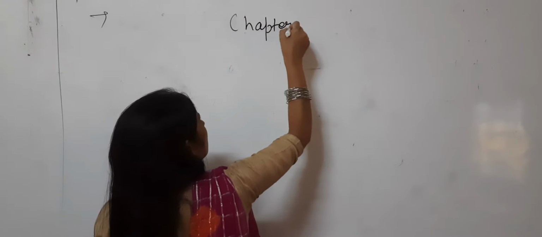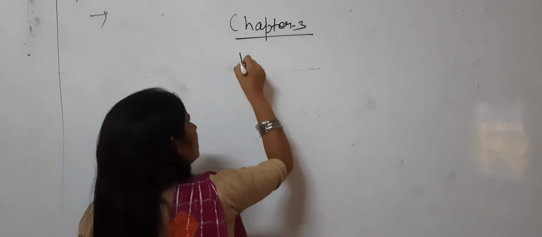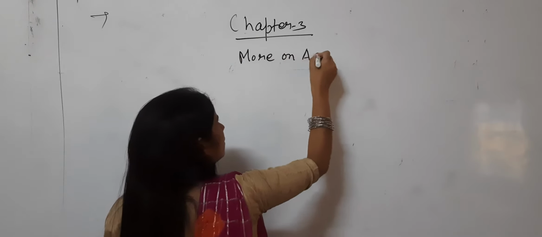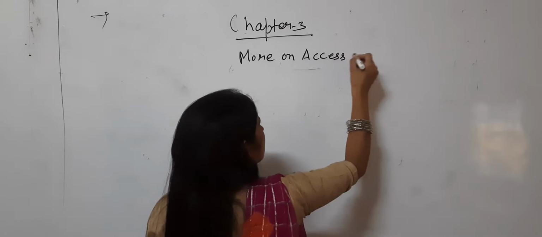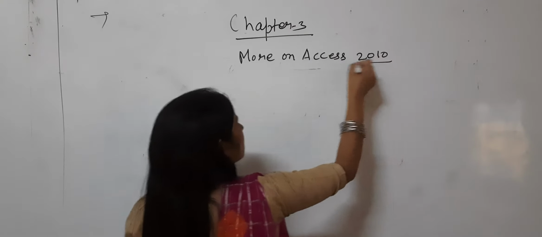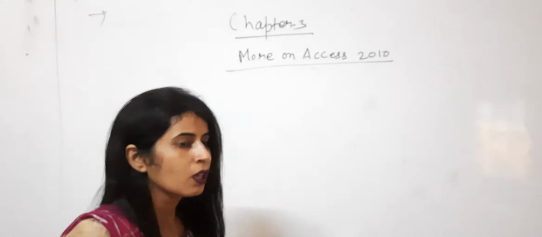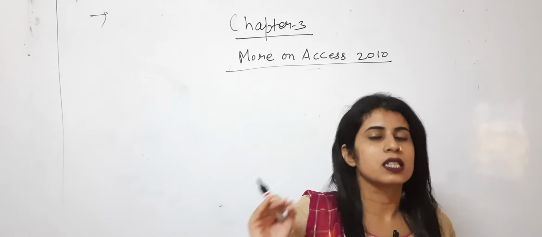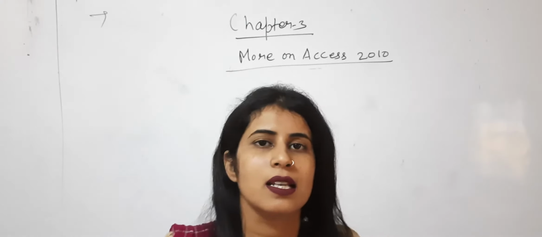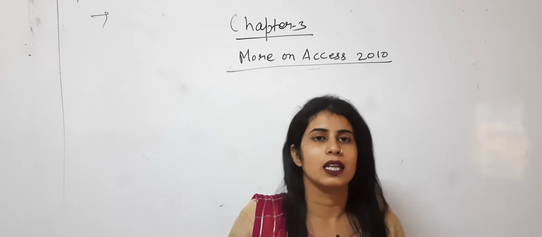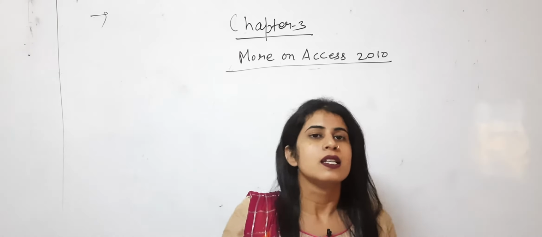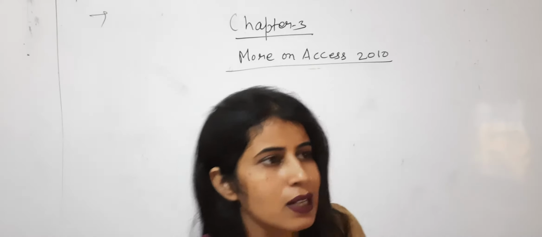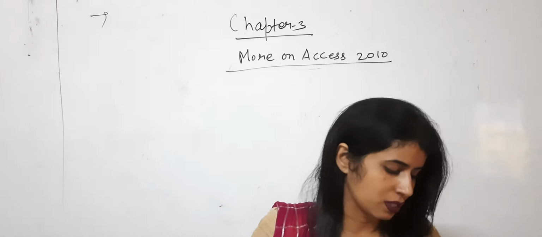Chapter 3 is more on MS Access 2010. This chapter is a brief description of MS Access 2010. It means in this chapter we will study some more features of MS Access. So let's start with MS Access first.